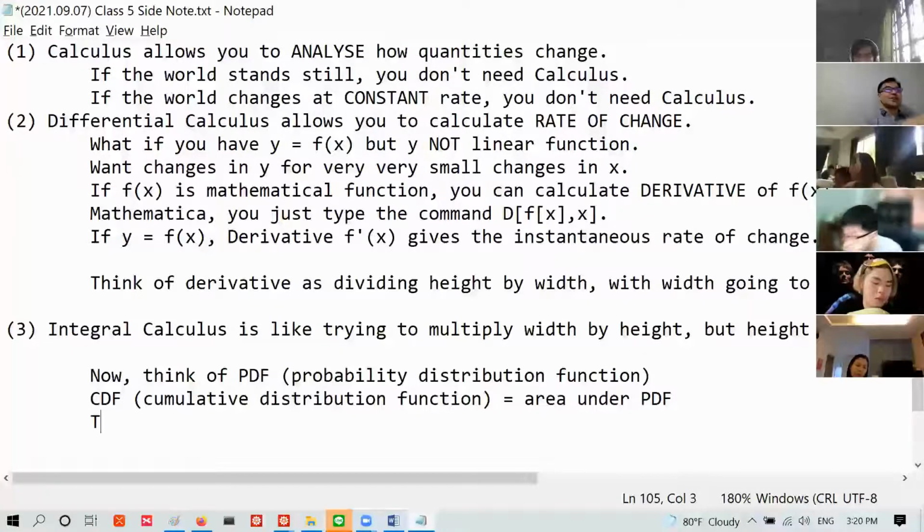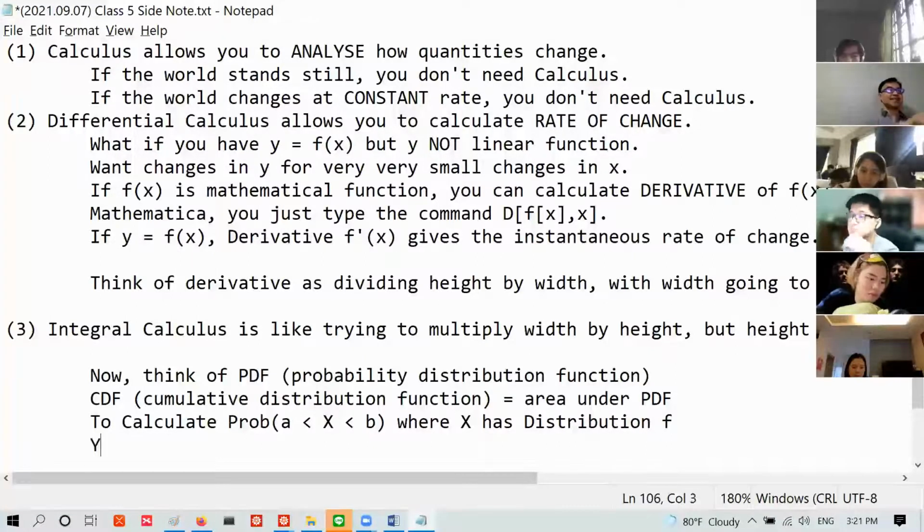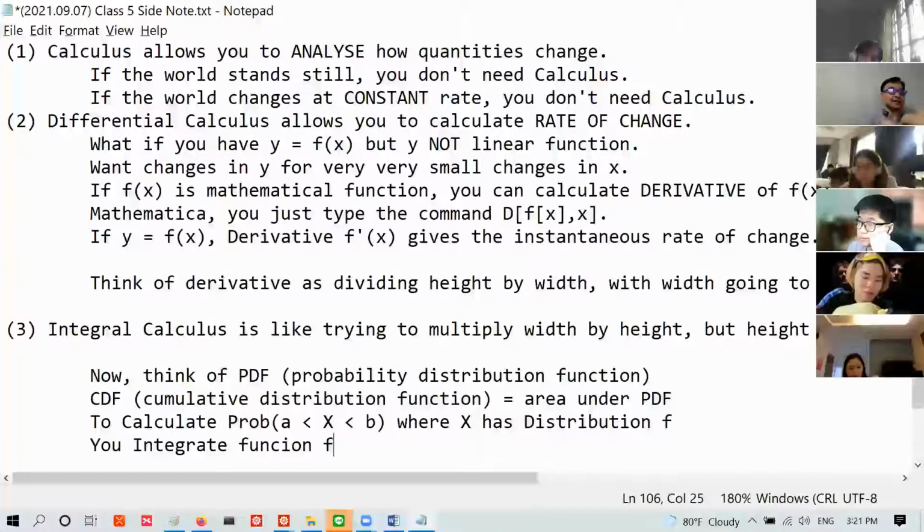So to calculate the probability of A less than X less than B, where X has distribution F, you just integrate the function F of x between A and B.